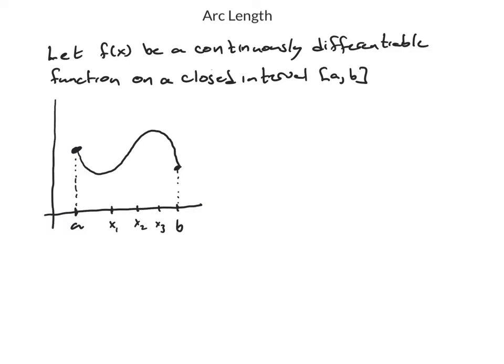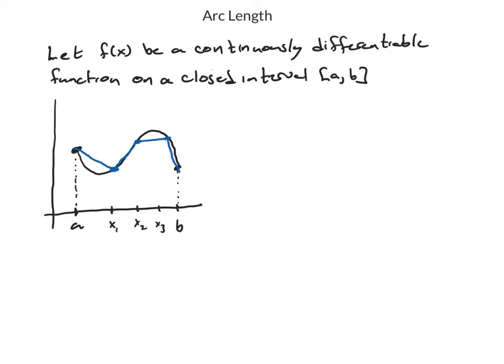Then I can evaluate the function at each one of these different points, connect those points, and add up those lengths to give me an approximation. The one thing I'd want you to recognize is that the more intervals we partition this into, the better that approximation is going to be.